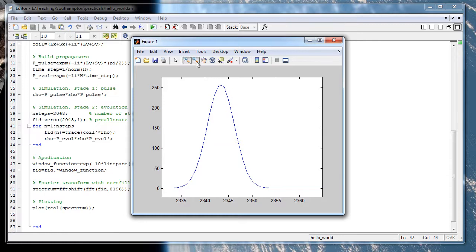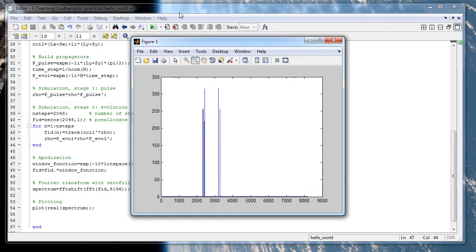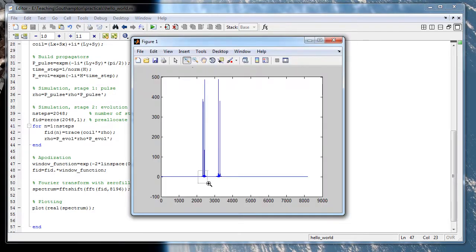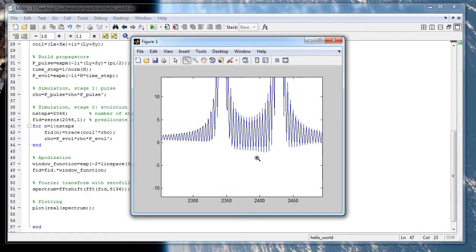Here you can experiment with sinc, we can experiment with no apodization at all, or let's just remove this square and put it -2 so we don't apodize it completely, so we'll now see sinc wiggles. If we run it again, there, and you can see the artifacts of incomplete apodization here.